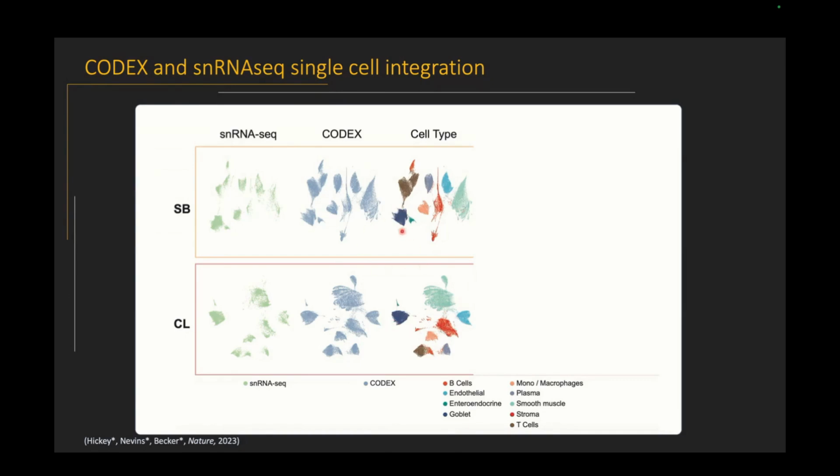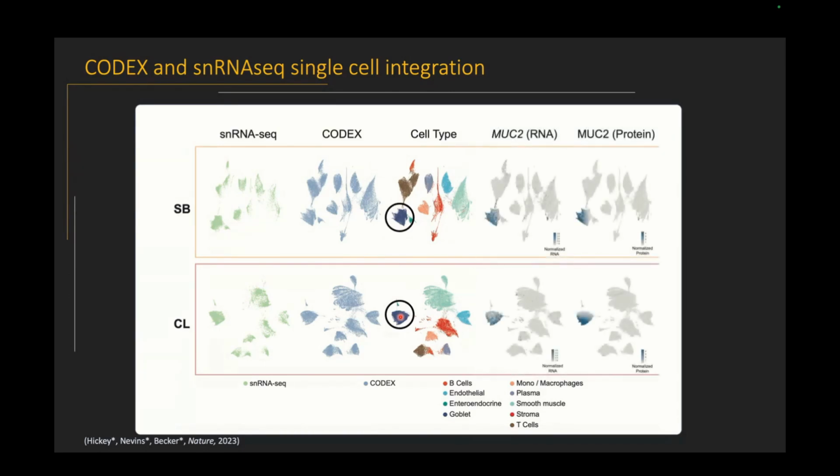If we look at an individual cell type like goblet cells, which are epithelial cells, and we look at proteins that they should express like MUC2 or RNA that they should express, we can see that across both assays, these expressions are strongly related and relate to the overall definition of these cell types.